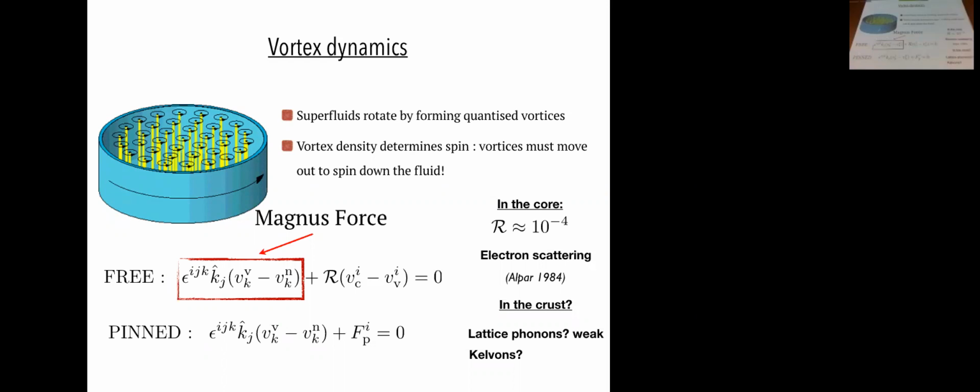But in the crust, these vortices can actually pin to the lattice. And then you get something like static friction, that's the pinning force completely can balance the Magnus force that you have because you're building up flow between the condensate and the vortices.